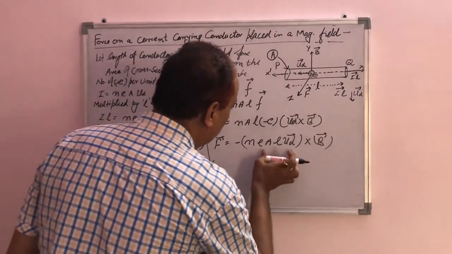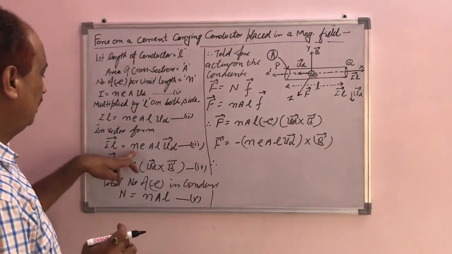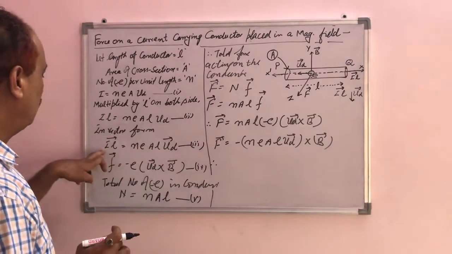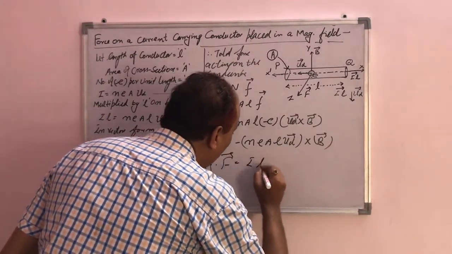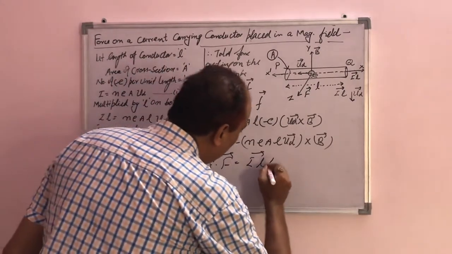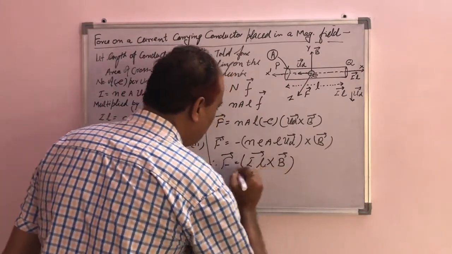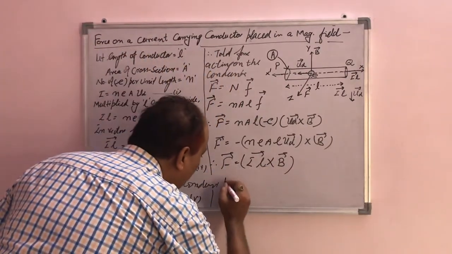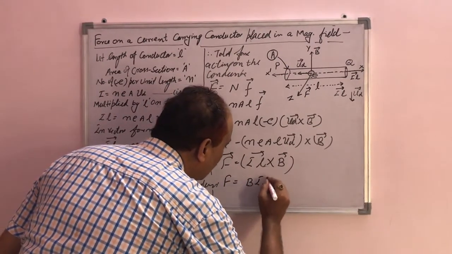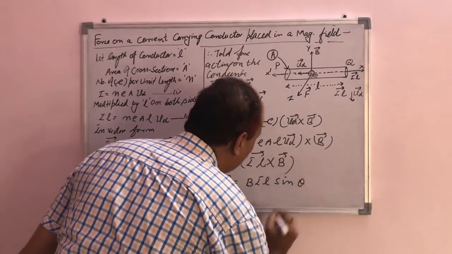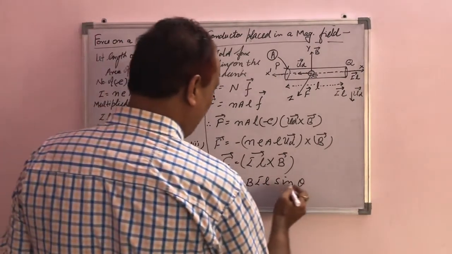Now we replace the first term n e A L VD from equation number 3, that is n e A L VD vector equal to I L vector, the current element. So F vector is equal to IL, the current element vector, cross the magnetic field B vector. In magnitude, F is equal to B I L sin theta.